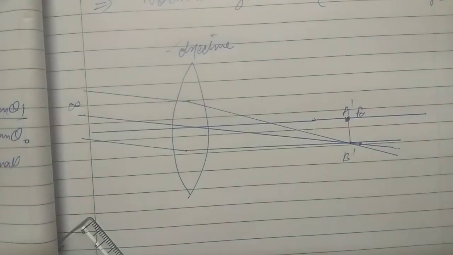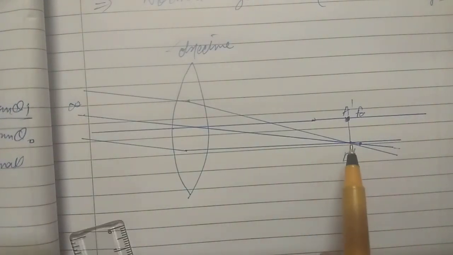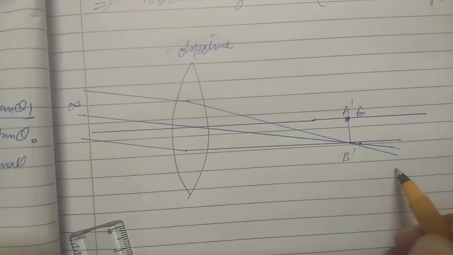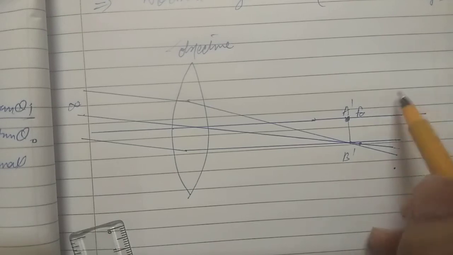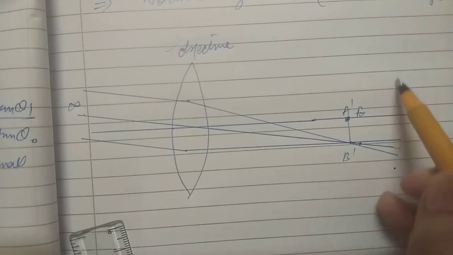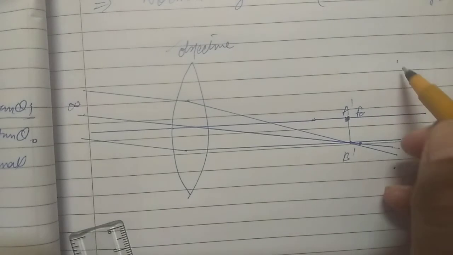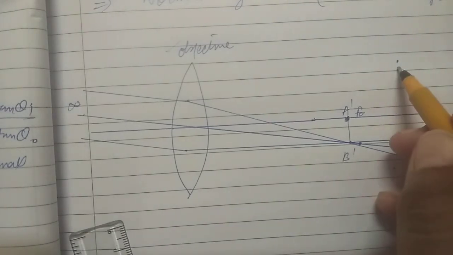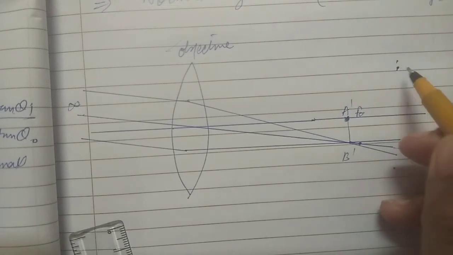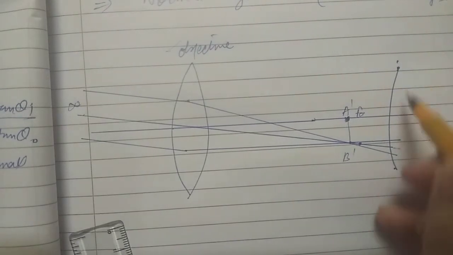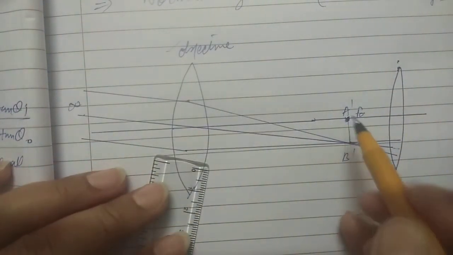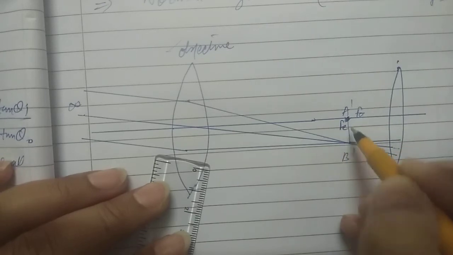Now if this image is also at the focus of the eyepiece, let us draw the eyepiece also. Let us draw a small eyepiece, and let us consider this is also at the focus of the eyepiece.